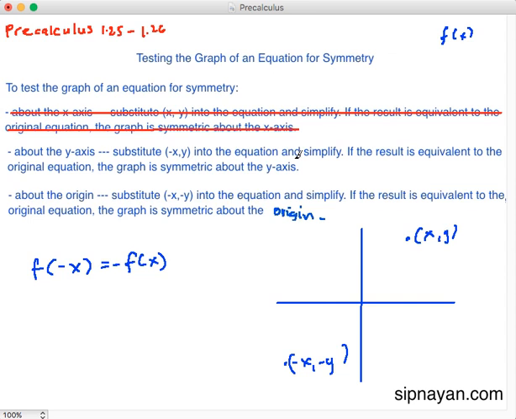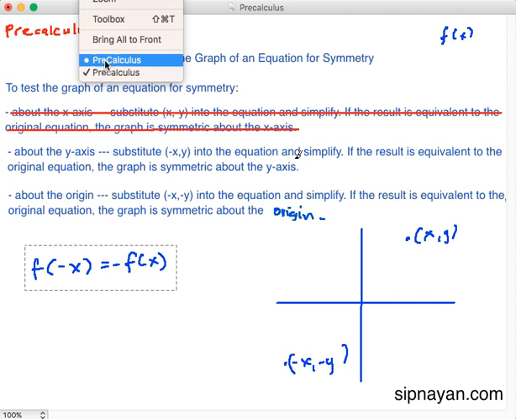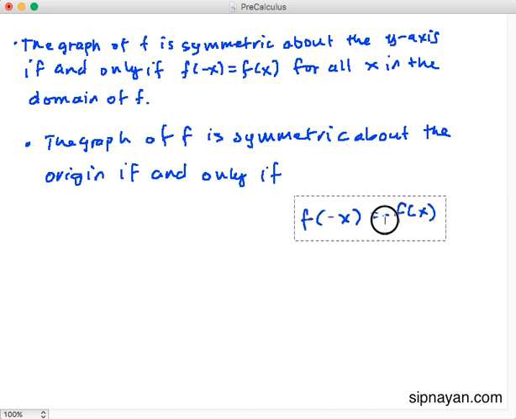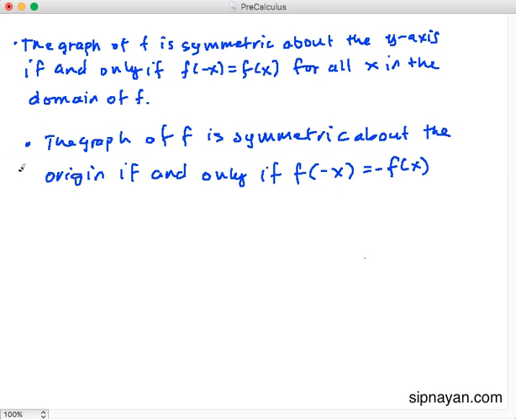F of negative x is equal to negative f of x for all x in the domain of f, no? So yun ang sinasabi natin kanina, no? Pag lahat ng x's nito ay nasa-satisfy, x's means many x, no? Any x ay nasa-satisfy itong equation na to, ibig sabihin symmetric siya about the origin, no?